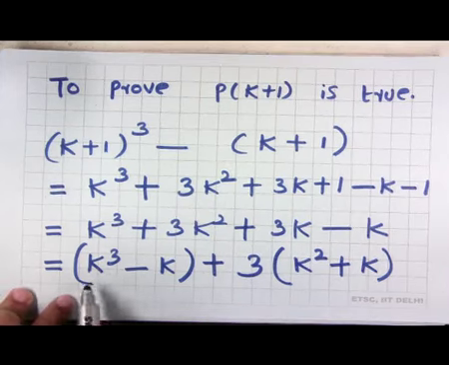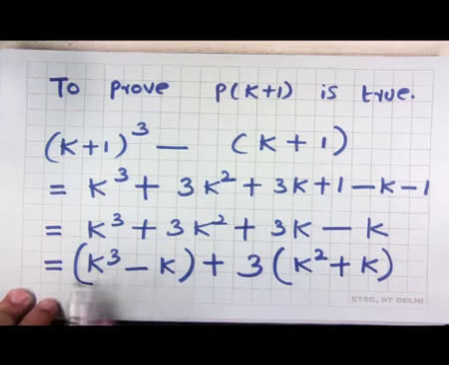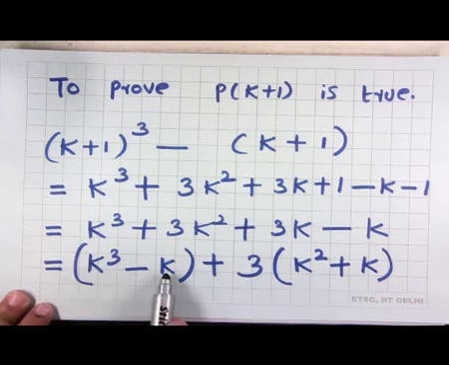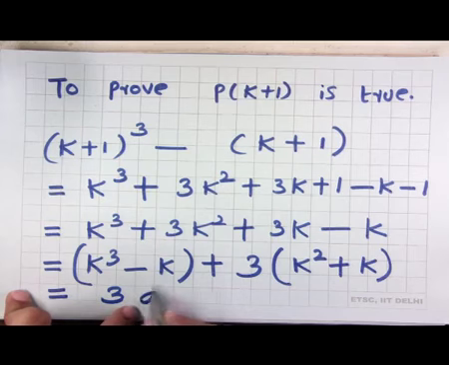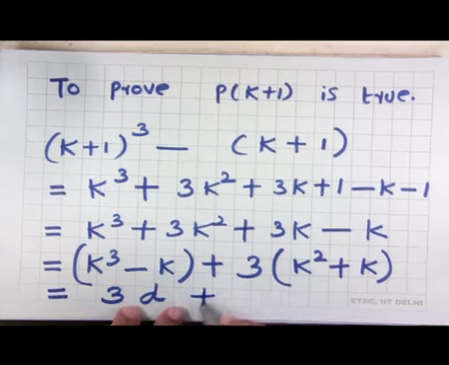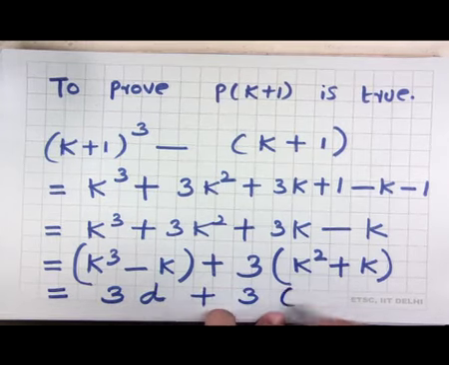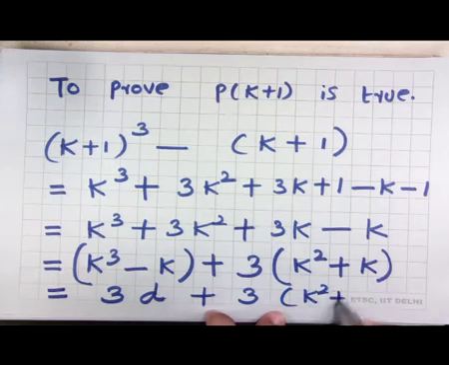Now, the expression in the first bracket, k cube minus k, is a multiple of 3 by inductive hypothesis. So, this is 3 times some d plus 3 times some natural number.